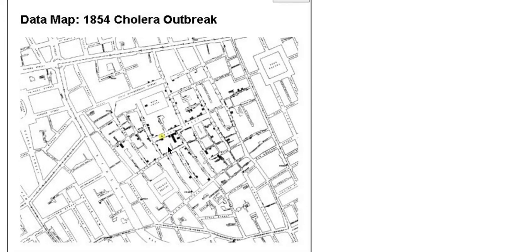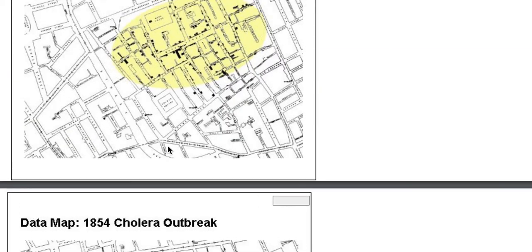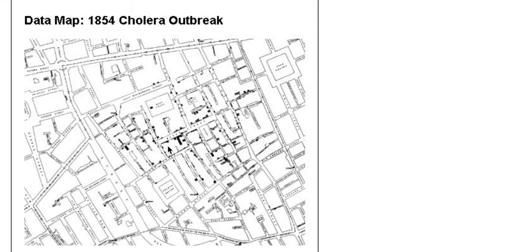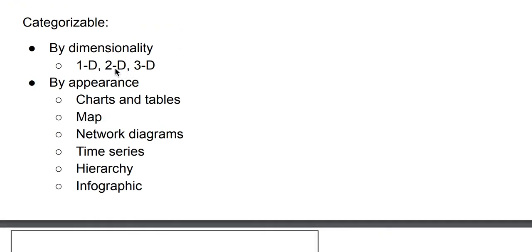So it was discovered that cholera was not spread by the air, but was spread by the water. That is the first time data visualization was used for healthcare. Looking at the data map, it is 1 dimension, and by appearance, it's a map.